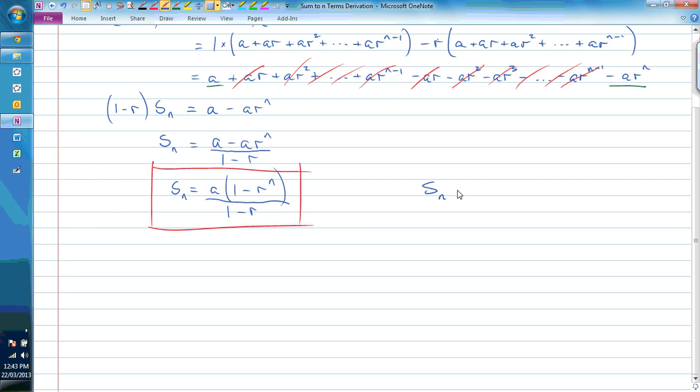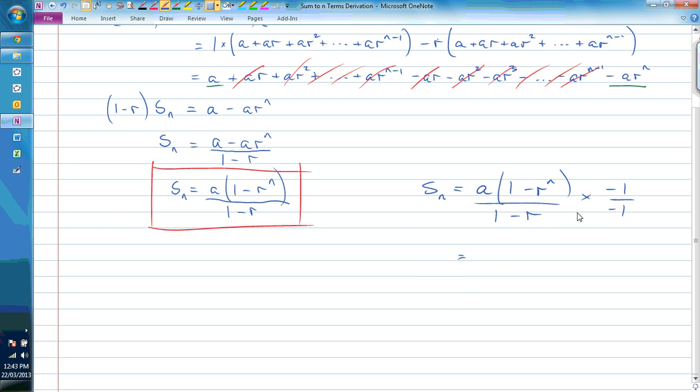If you take Sn, which was this formula we just derived, you actually multiply this by minus 1 on minus 1. Now we're allowed to do that because anything divided by itself is just 1. I'm really just multiplying this fraction by 1 in disguise, so it's not going to change its value.